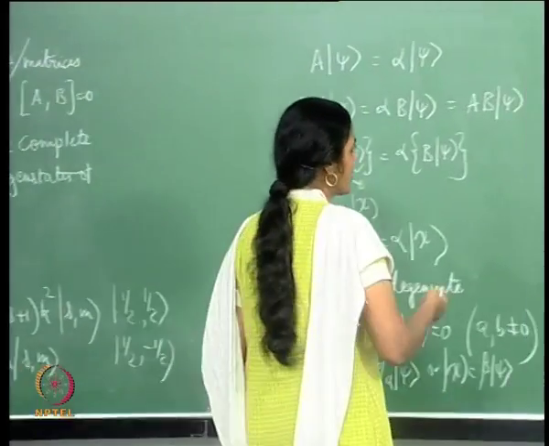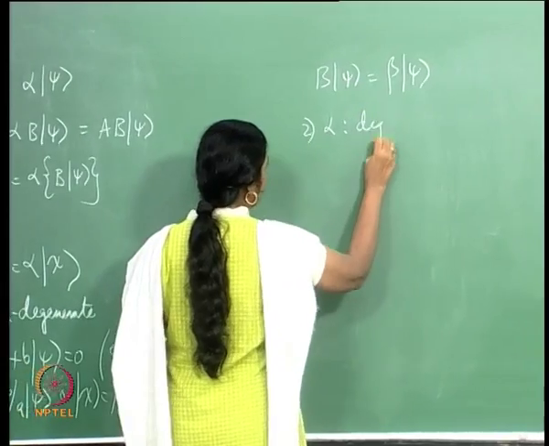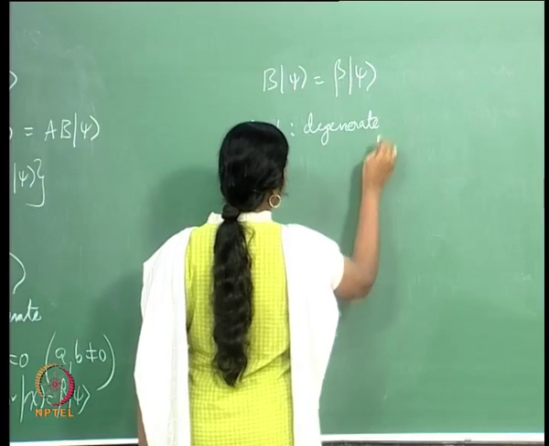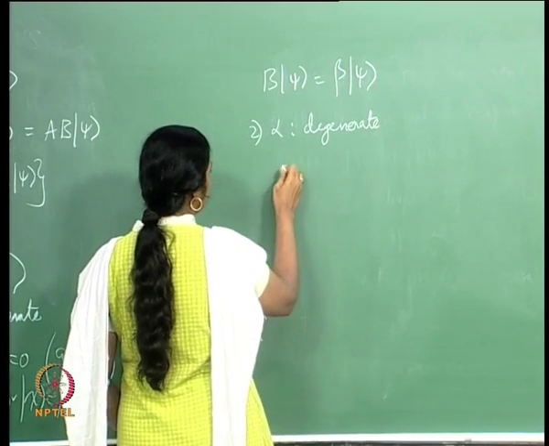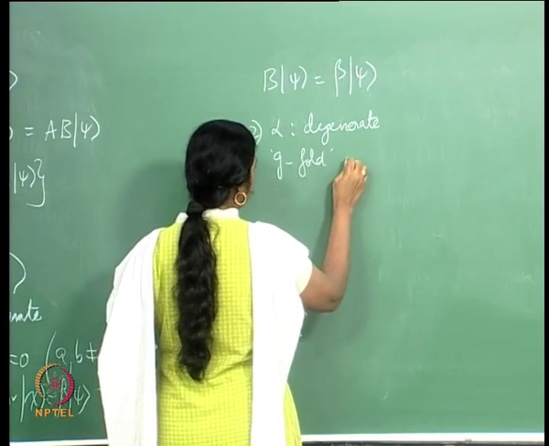So, let us look at the second case, alpha degenerate. Let us say G-fold degeneracy. What does that mean?